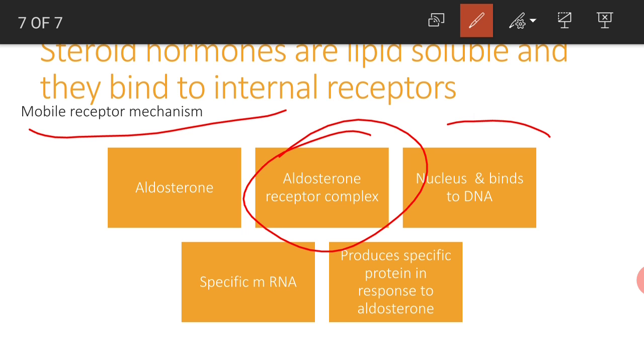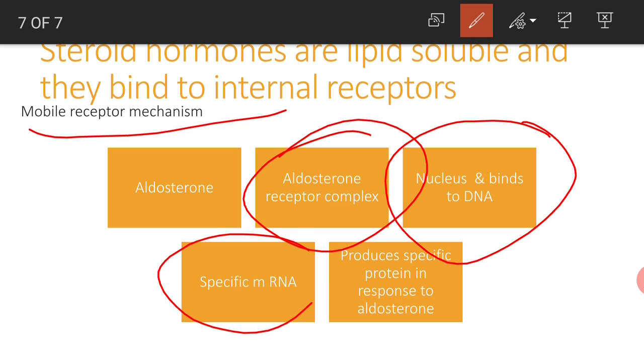And now after entering into the nucleus, this binds to DNA at a specific part, and this specific part produces specific messenger RNA, and this specific messenger RNA contains a triplet code which produces a specific protein in response to aldosterone. That means aldosterone, being a lipid soluble hormone, doesn't require any cyclic AMP.